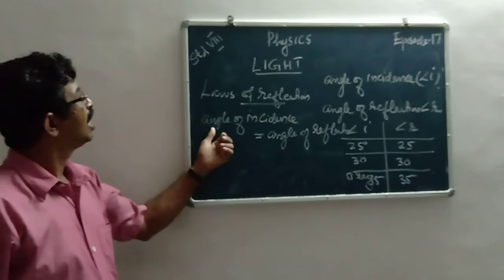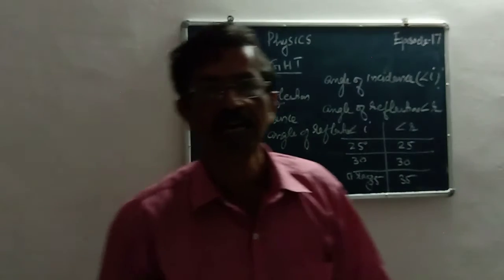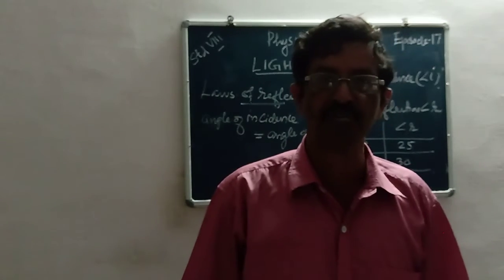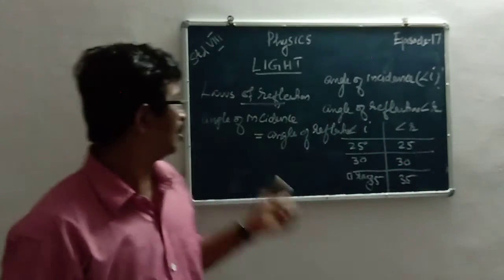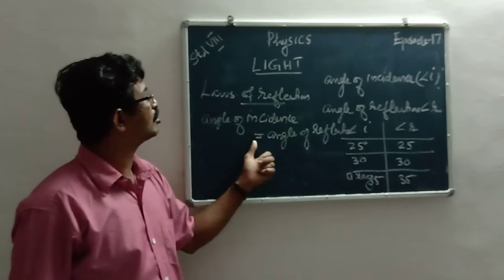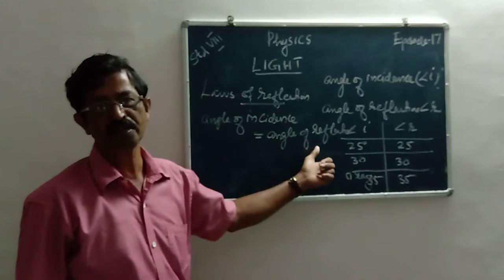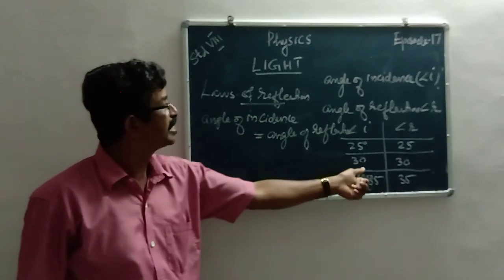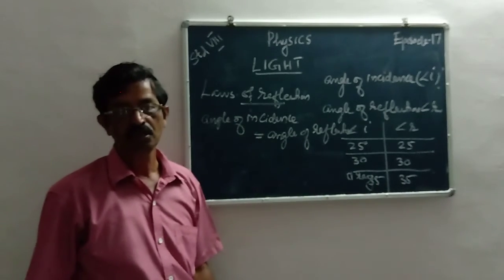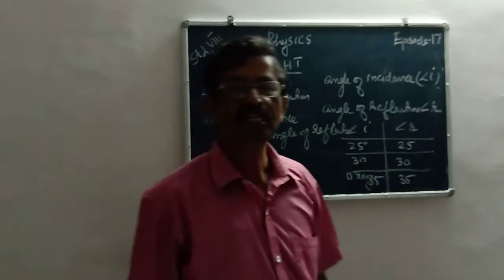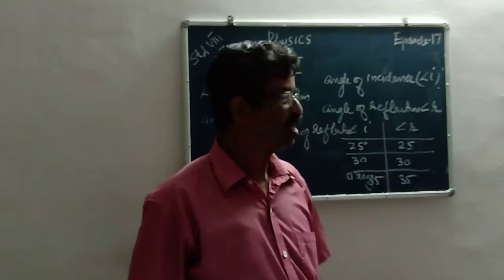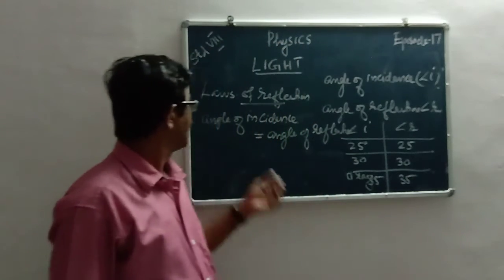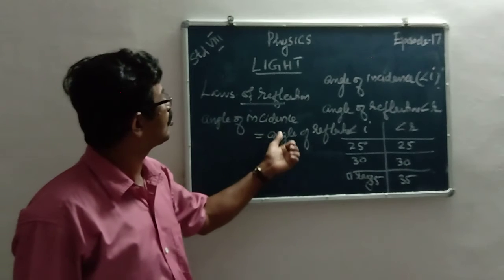Once again, the angle of incidence is equal to the angle of reflection, that we got from this observation. So when we state the laws of reflection, among them one is that the angle of incidence is equal to the angle of reflection.